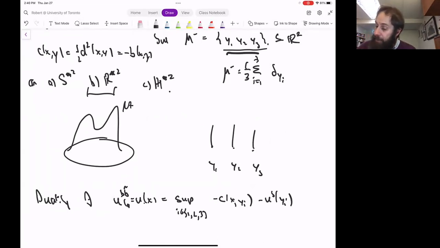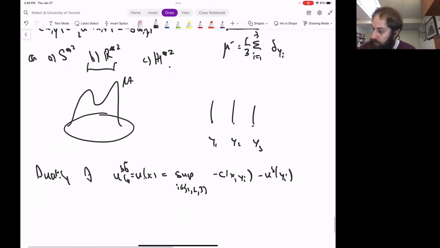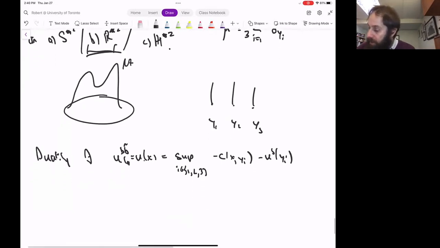And so, for example, in the case of R^n or R2, the c here is quadratic, but it's much like the bilinear case. So in other words, if I add a term 1/2 x squared to u and I add a term 1/2 y squared to u tilde, then this is going to be a supremum of a bilinear cost.